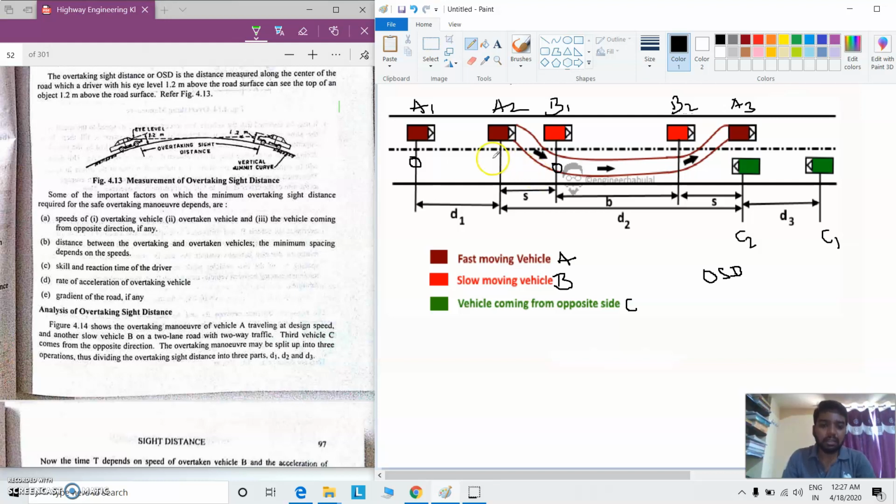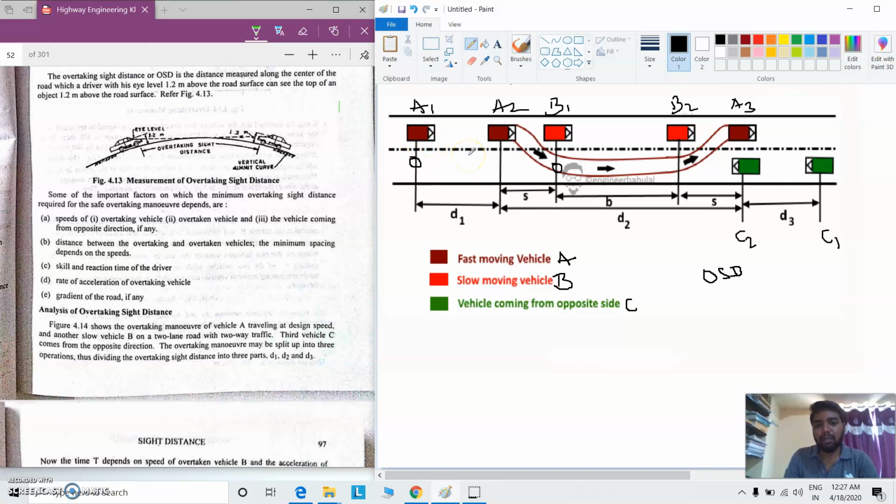Then the skill of the overtaking vehicle driver and the overtaken vehicle driver. And the rate of acceleration of vehicle A, how much acceleration the vehicle can create, whether it is a new vehicle or an old vehicle. The acceleration depends on that, and it is one of the factors considered to decide the overtaking sight distance.